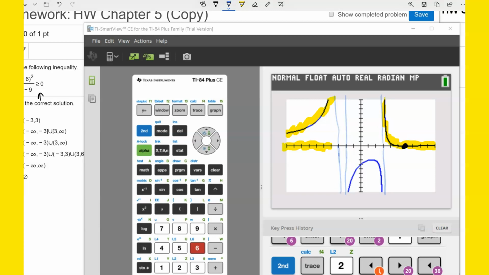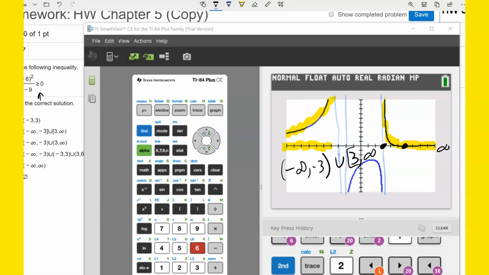So I believe my answer is going to be negative infinity to either -3 or -2. I'm not sure which. I'm going to say -3, and if it's not right, I'm going to try -2. And at -3, we have that asymptote identity crisis, so that's not included. And then this part is from here, so 3 to infinity.